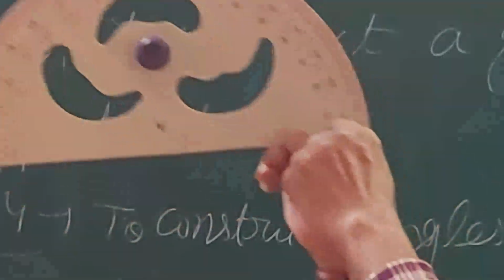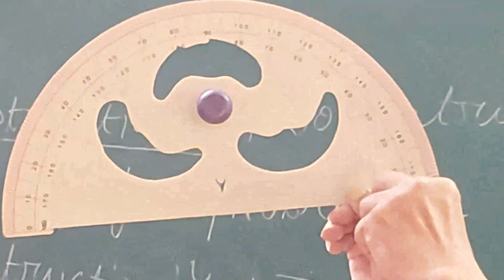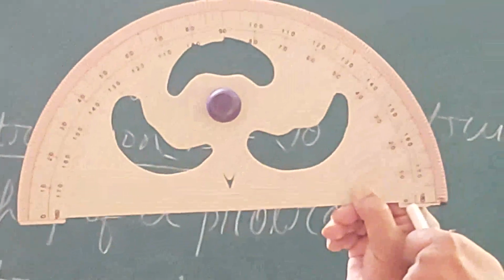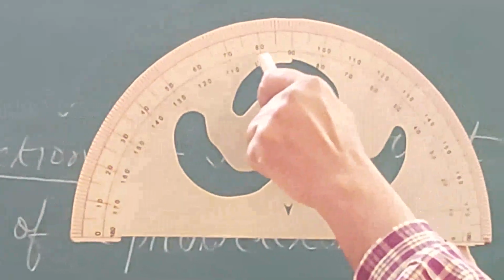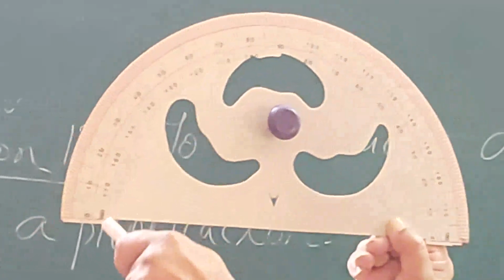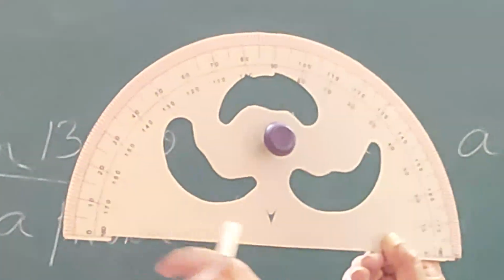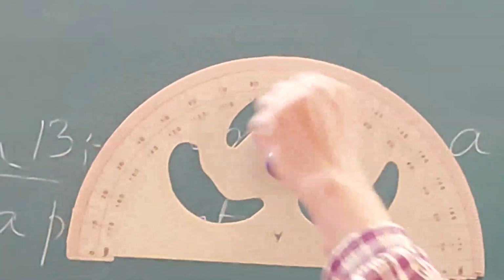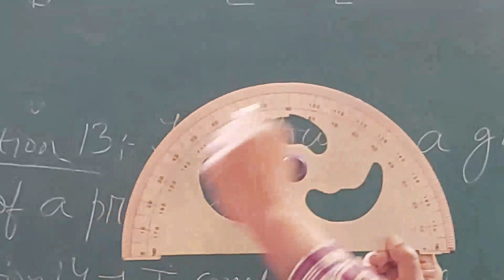You can see the bottom arc. This is your 0, then 10, 20, 30, likewise. This is 90. Then this is the obtuse side, again 170, 180 here. So you can see there are two semicircles, one lower and another upper.